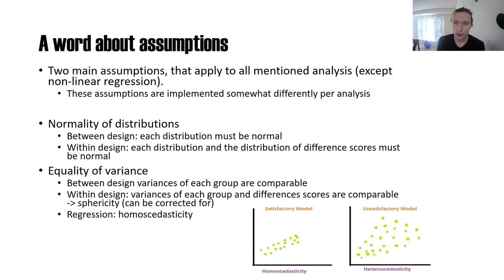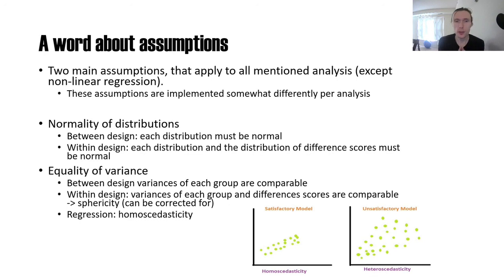So if you have the group of coffee drinkers, their scores range from 10 to 15, but then you have the tea drinkers group where the scores differ from 0 to 100, then there's way more variation in the tea drinkers group than in the coffee drinkers group. And that would be a problem if we want to do statistics with that. So what we want is an equality of variances. And those don't need to be exactly the same. They need to be in the same ballpark, basically. But yeah, they should be similar.